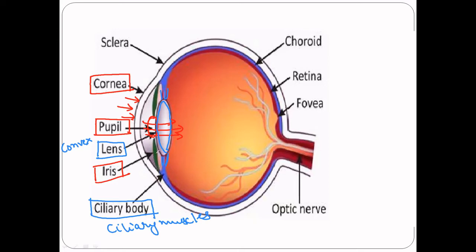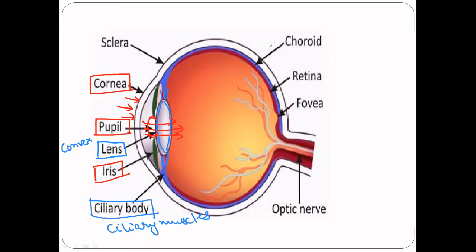You know why? Because we want to see near objects and also far objects with the same lens. This is the reason the focal length needs to be changed, right? And this is possible because of these ciliary muscles.